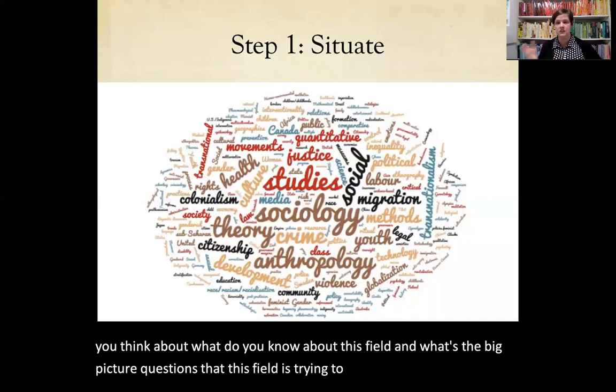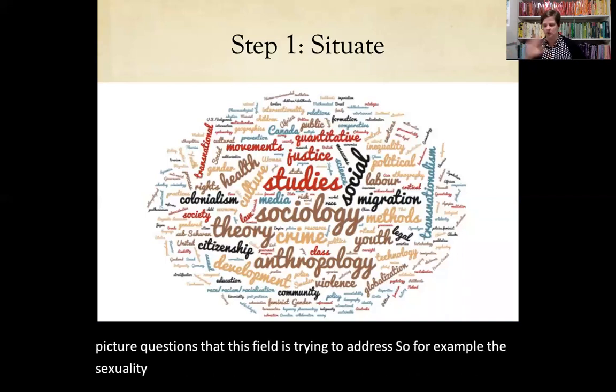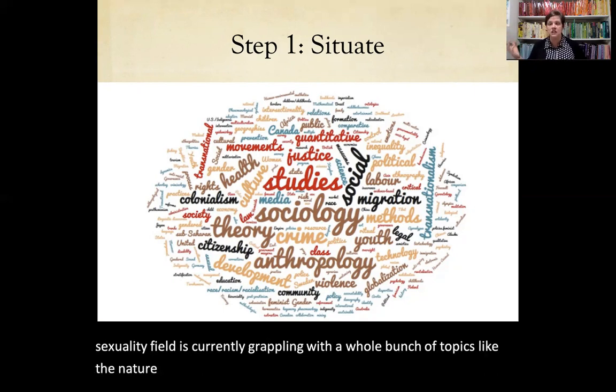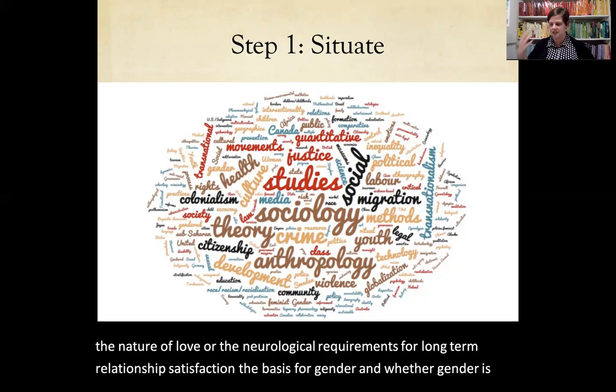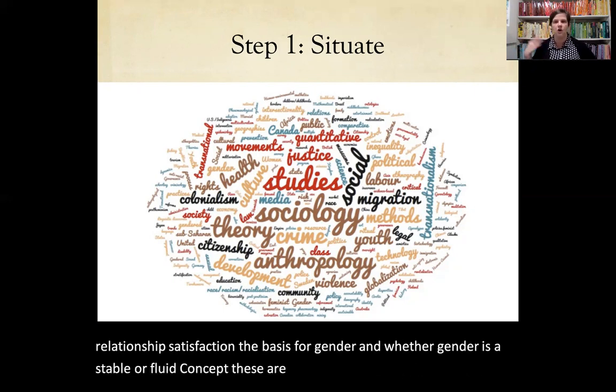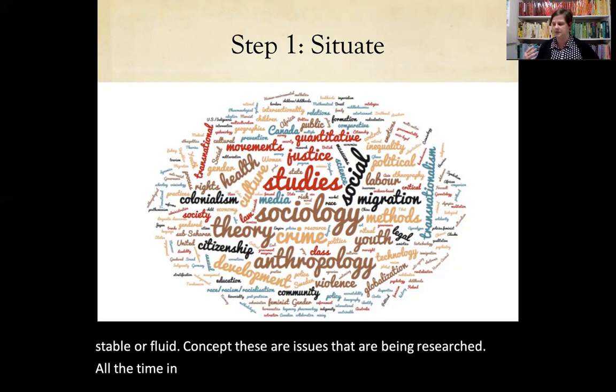So for example, the sexuality field is currently grappling with a whole bunch of topics, like the nature of love, the neurological requirements for long-term relationship satisfaction, the basis for gender, and whether gender is a stable or fluid concept. These are issues that are being researched all the time in human sexuality.